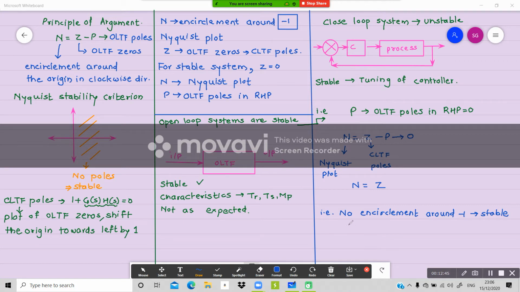Encirclements N greater than 0, that is Z greater than 0, that is CLTF poles in RHP, that is the system is unstable.